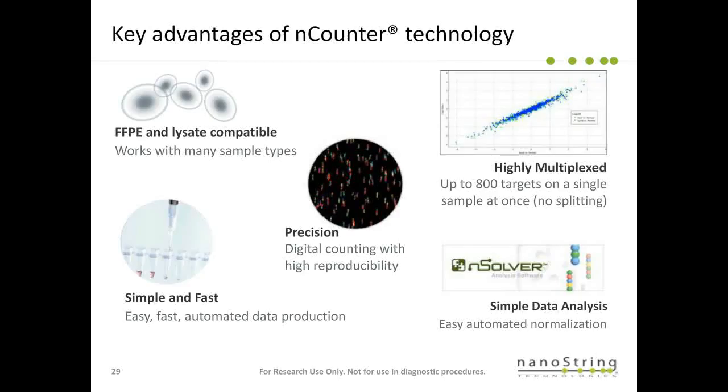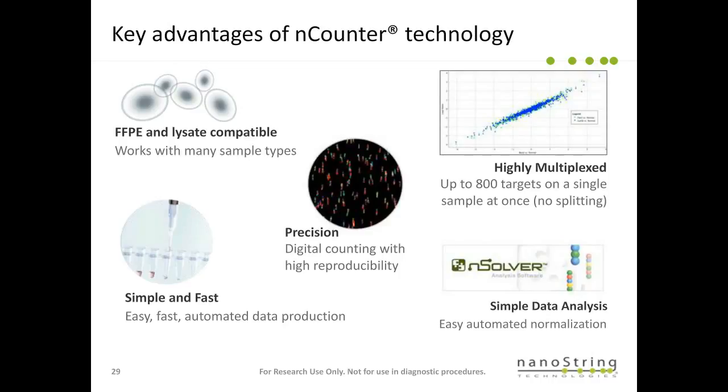So finally, I want to give a summarization of the system, and why the NanoString system would be a feasible platform to perform this kind of study. First of all, NanoString is very flexible in the kind of input you can give it. You can give FFPE samples or cell lysate, and you can also give it mixed RNA samples where your pathogen of interest may occupy only a very tiny portion.